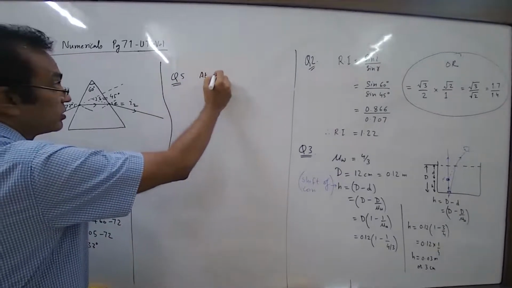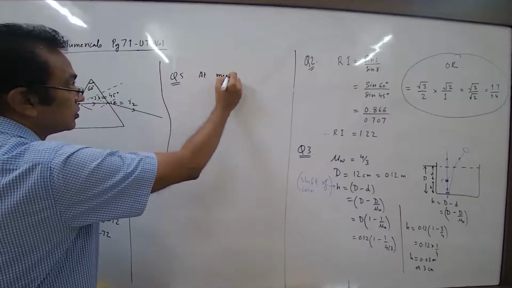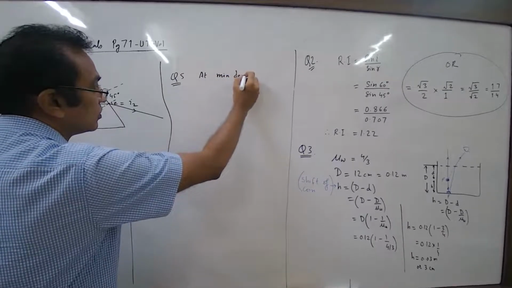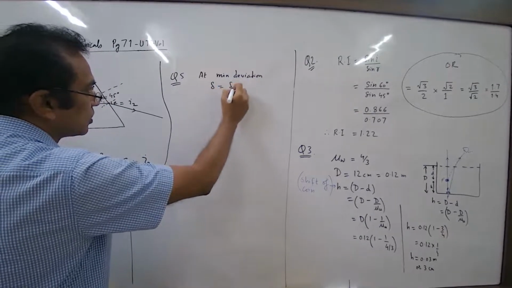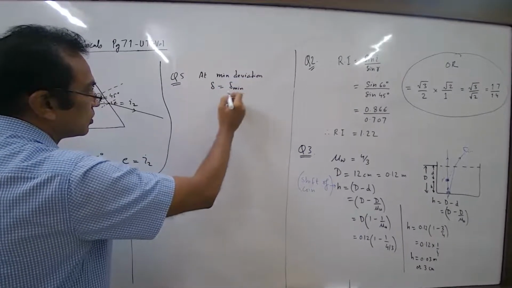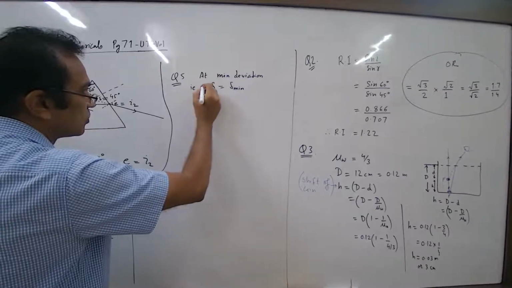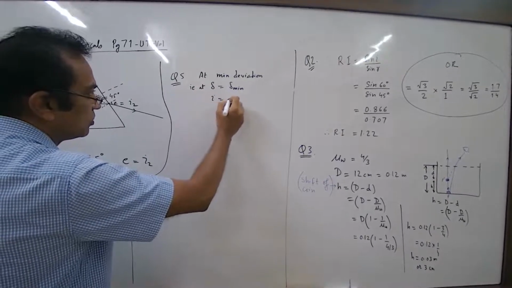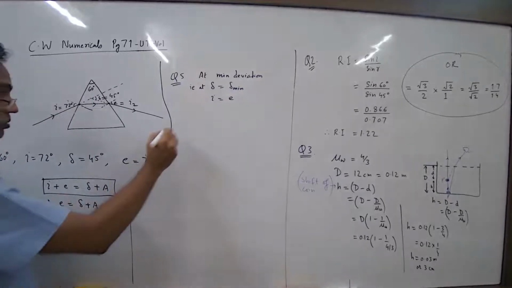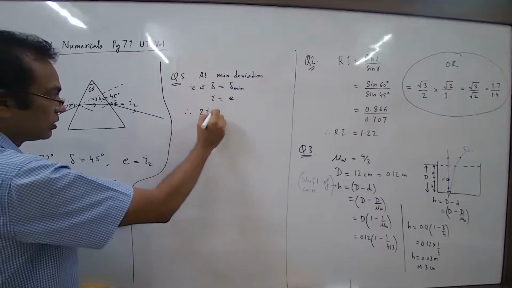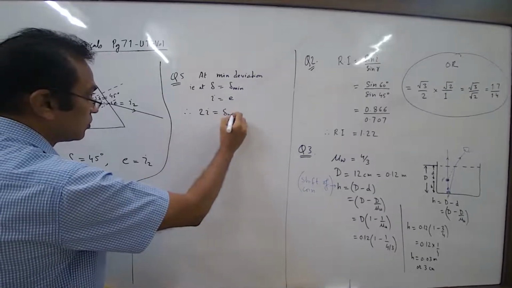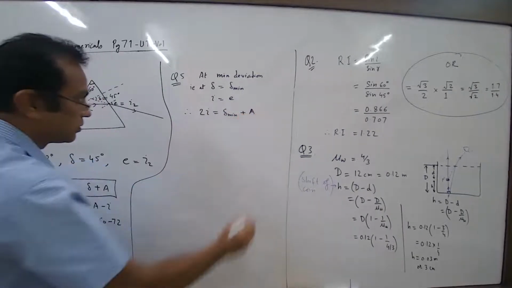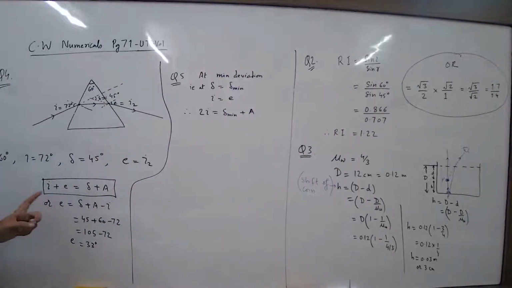At minimum deviation I is equal to E. From this equation, therefore 2I is equal to delta plus A. So the same formula becomes this at minimum deviation. For the next question.